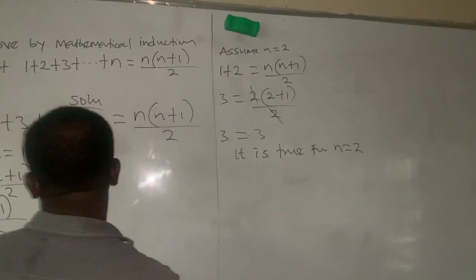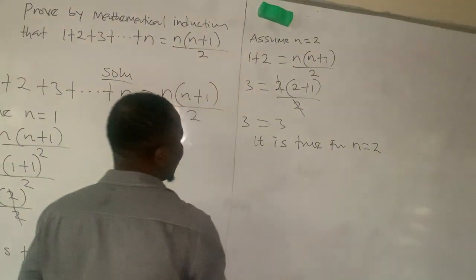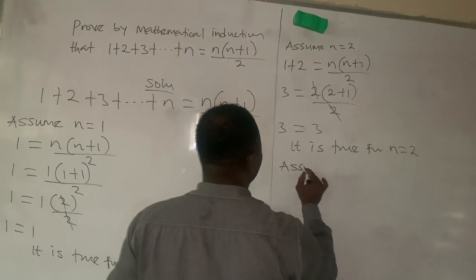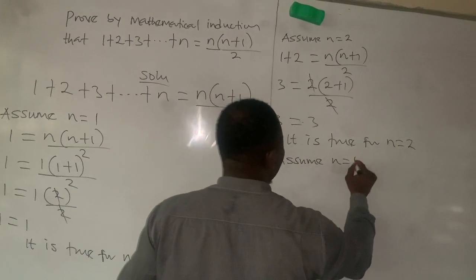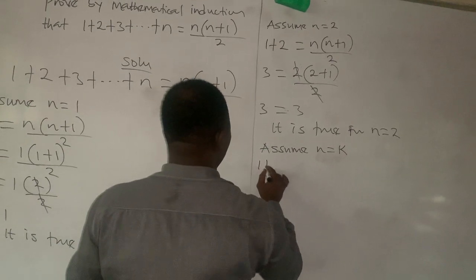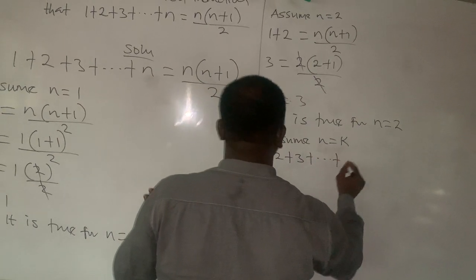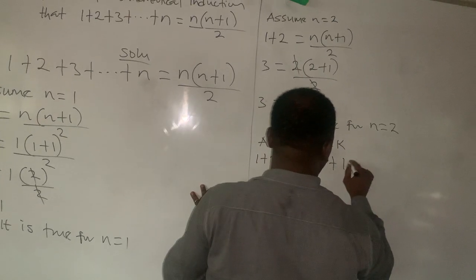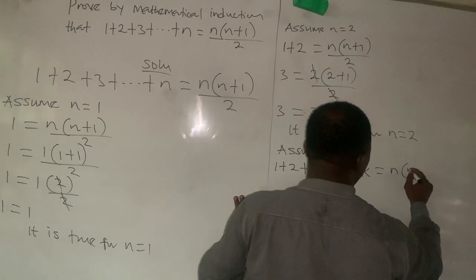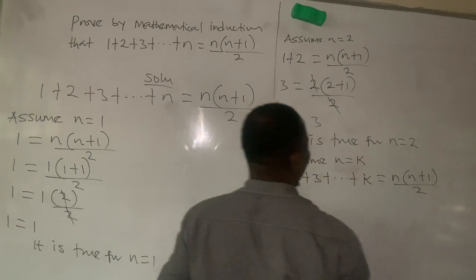Let us consider n equals k. Okay? So if you agree with me, let us assume n equals k. It implies that we write 1 + 2 + 3 + ... + k = n(n + 1)/2.